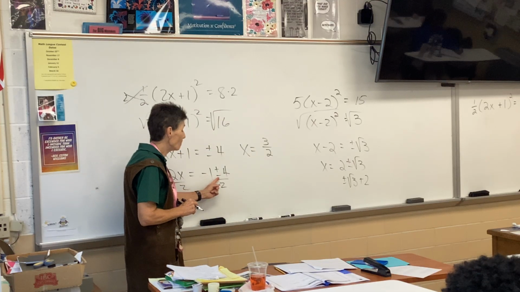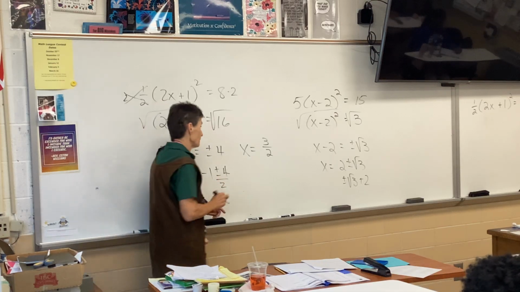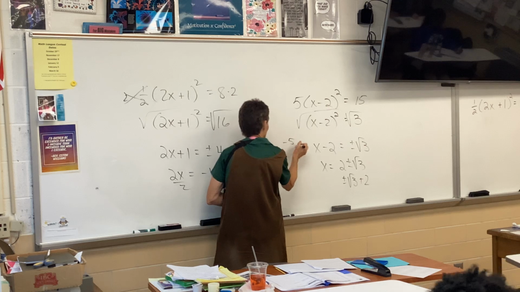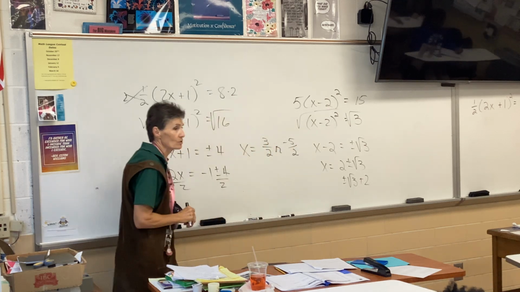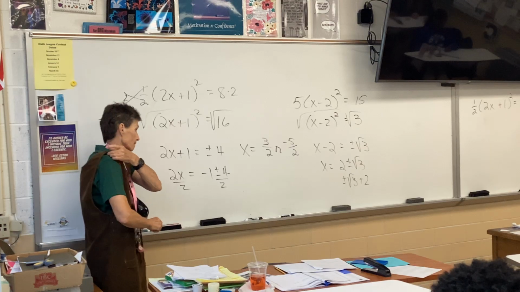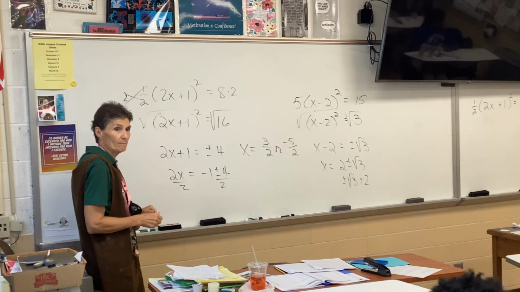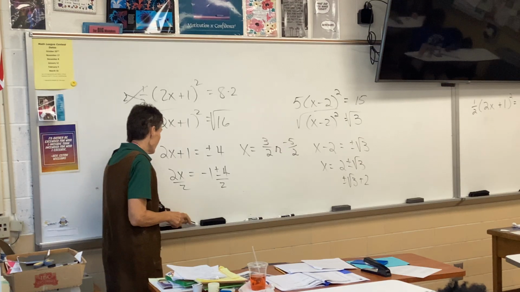Negative 1 minus 4 is negative 5, divided by 2. So there are the 2 answers to that problem. Is that okay? All right.